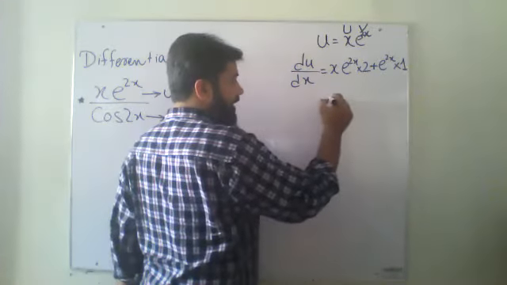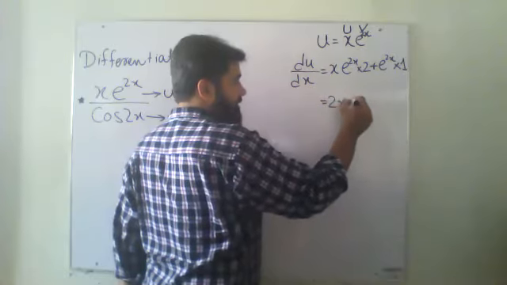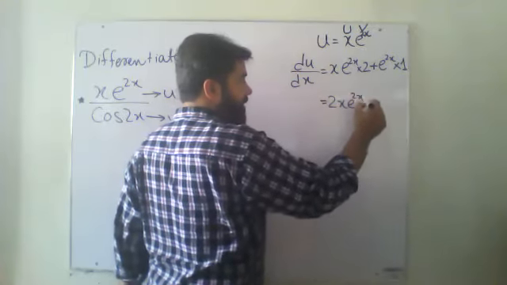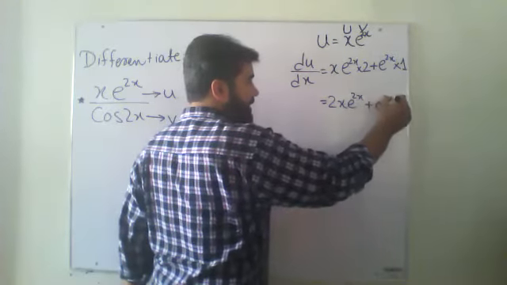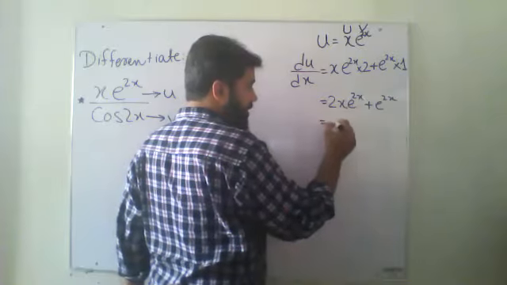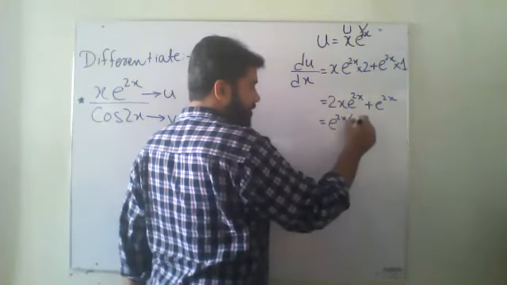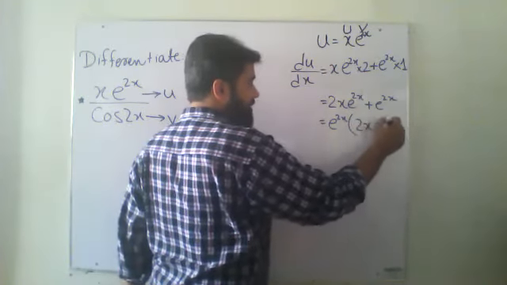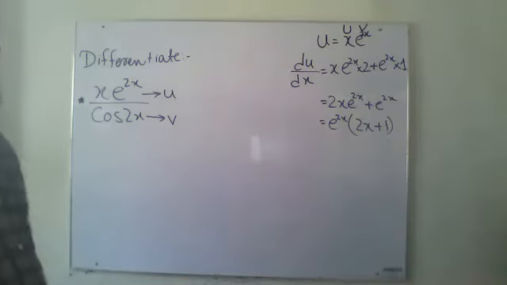When I simplify it, 2x e to the power 2x plus e to the power 2x, and then e to the power 2x I can take common. So what will remain? 2x plus 1 will remain over here.